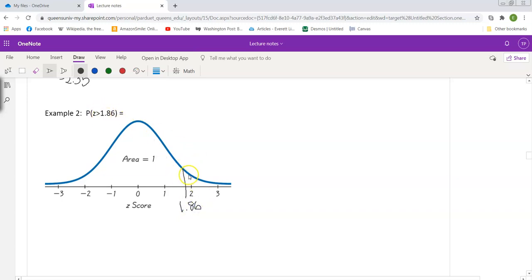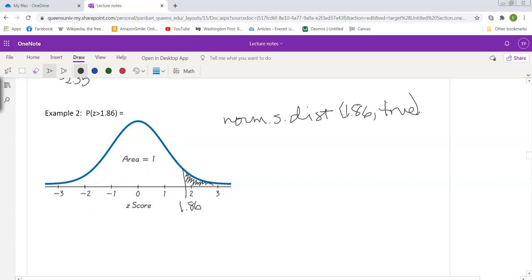So I'm looking for the area to the right of that. So that's what I want. But if I type in norm.s.dist 1.86 true, it's going to give me the area to the left.